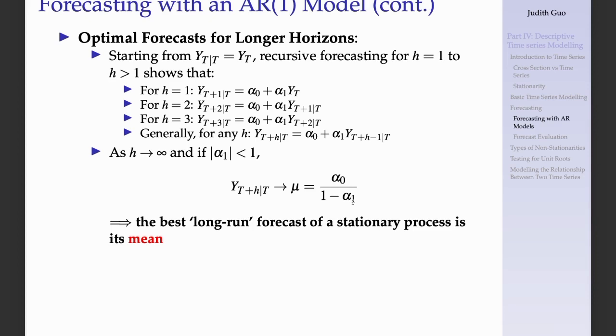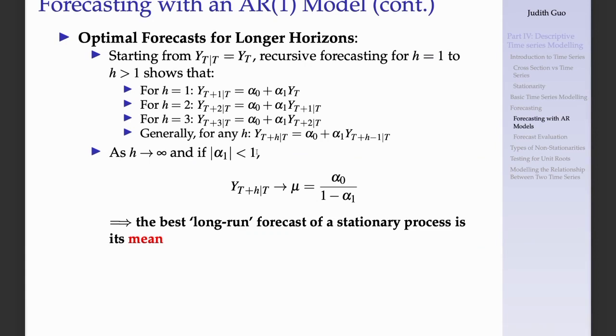Given that all our forecasts are made without the shock appearing in the equation, as the forecast horizon increases, our optimal forecast would be the long-run mean. You will get to prove this formally in the homework this week.